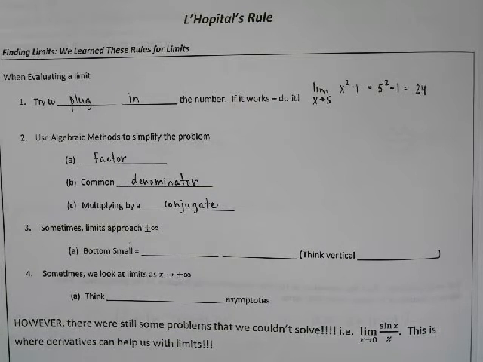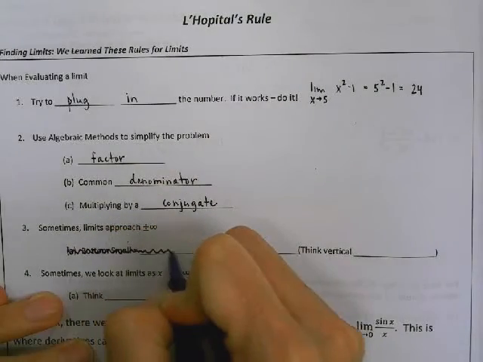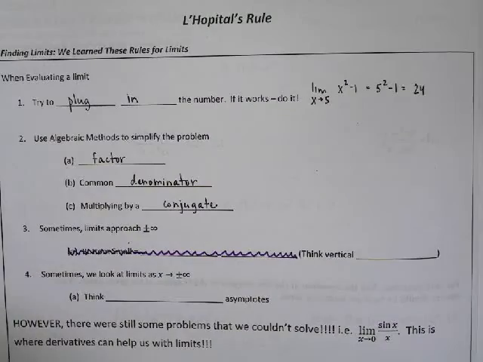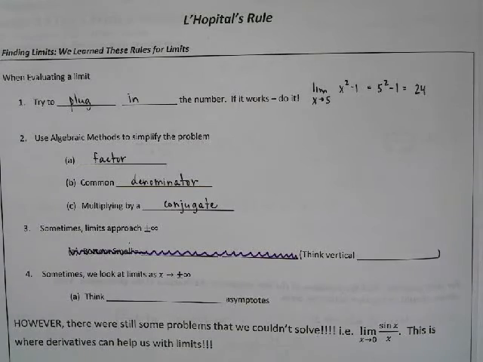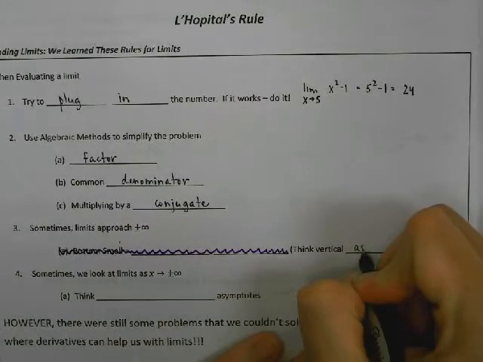In number 3, it says sometimes limits approach positive or negative infinity. And so I actually want to scratch this part off here and focus on the second part. When limits are approaching positive or negative infinity, remember that's typically because we have a vertical asymptote.